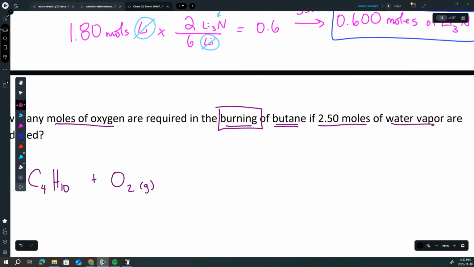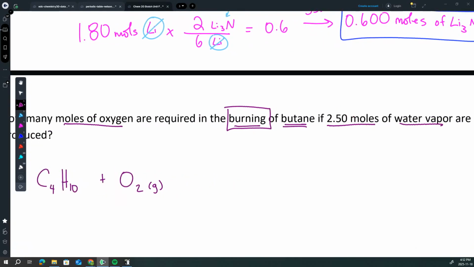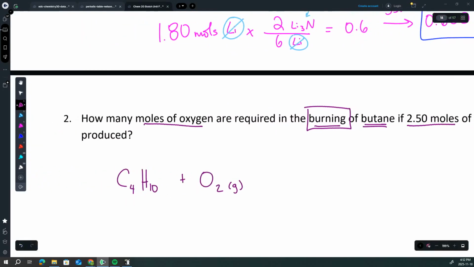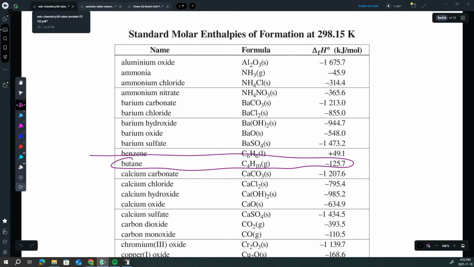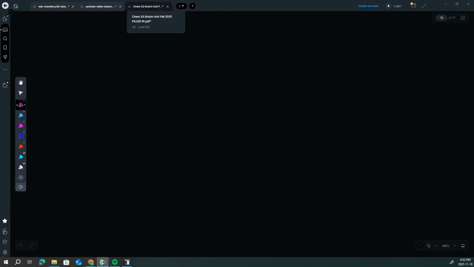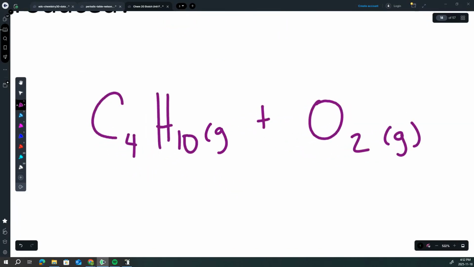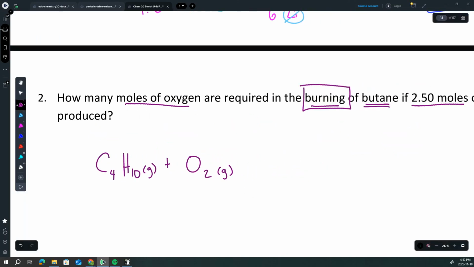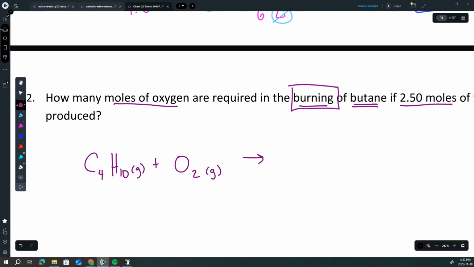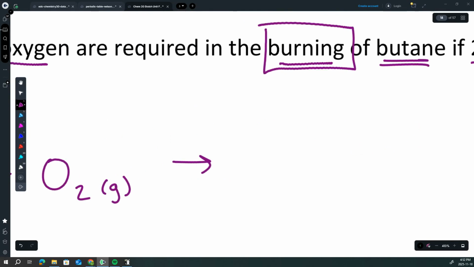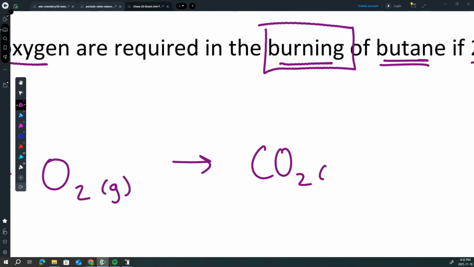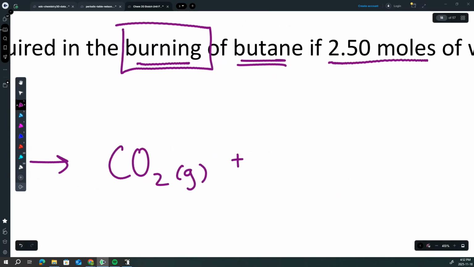So with butane here, in the question it doesn't tell us what the state of butane is, but if you look at your Chem 30 data booklet, it does say that it is a gas, so that's what I'm going to use. Okay, so they react to produce carbon dioxide, which is a gas, and water vapor.